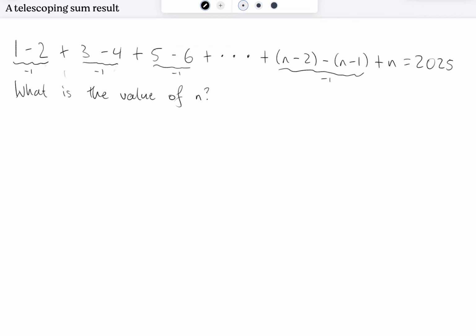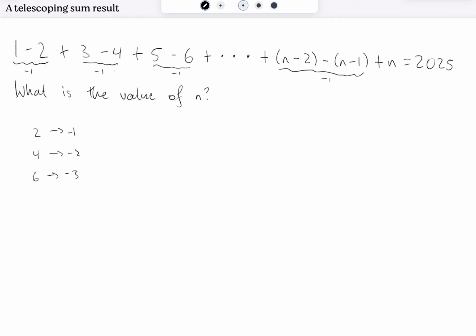So the pattern continues. When you're at 6, you have negative 3.